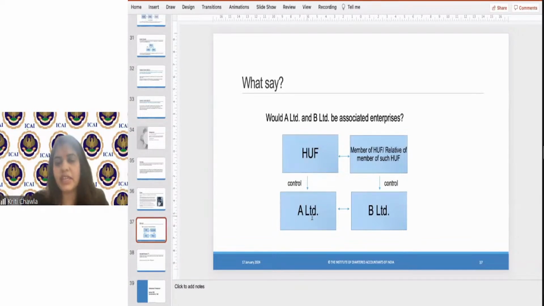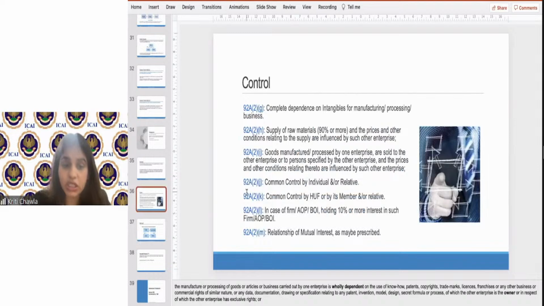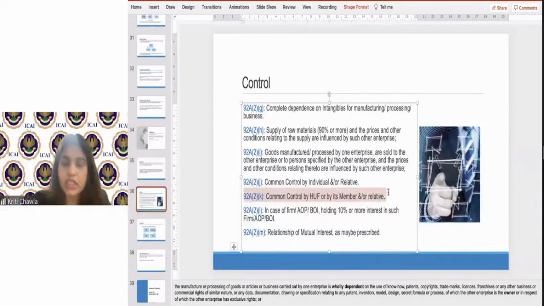Yes, absolutely. A and B will be related to each other. Why will they be related? Well, if you look at this section, it is common control by the HUF and/or by its member or relative.